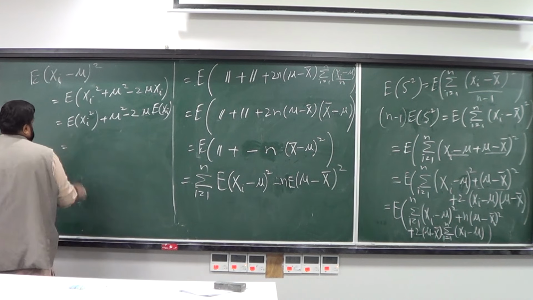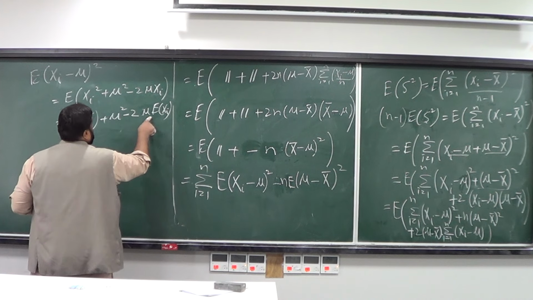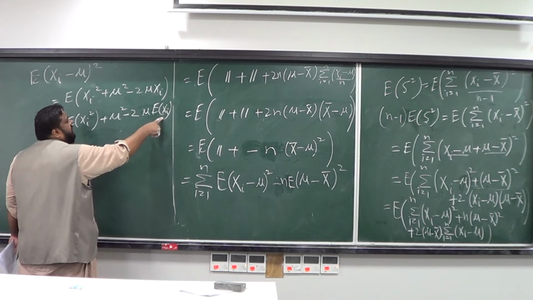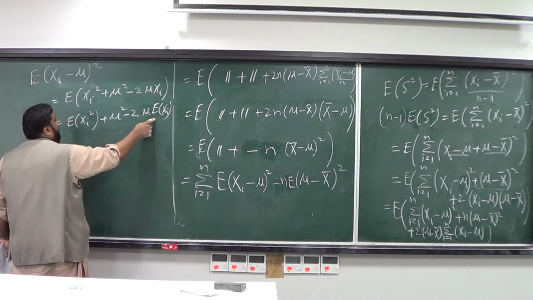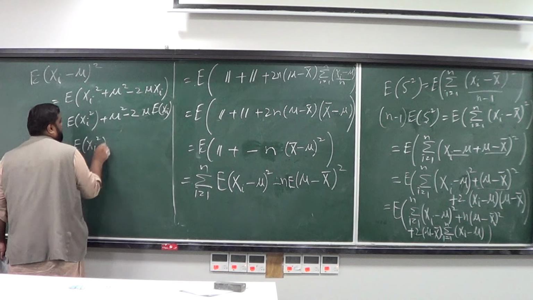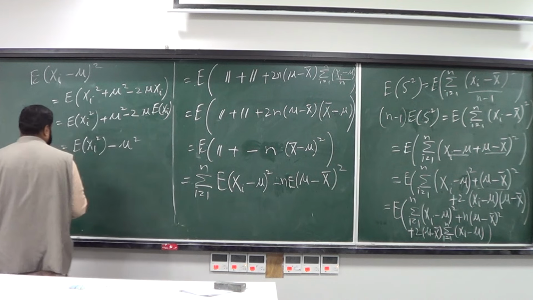Now, the expectation of mu squared will also become mu squared, and the 2 mu times expectation of xi will also become 2 mu squared because the expectation of xi is mu. So the final term that you're going to get is expectation of xi squared minus mu squared actually.